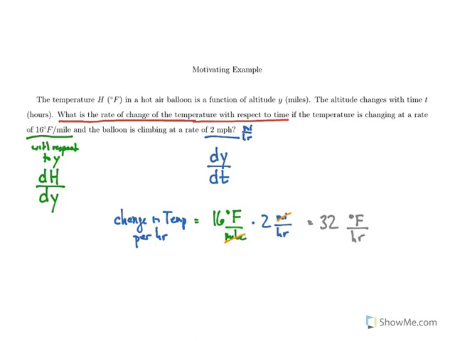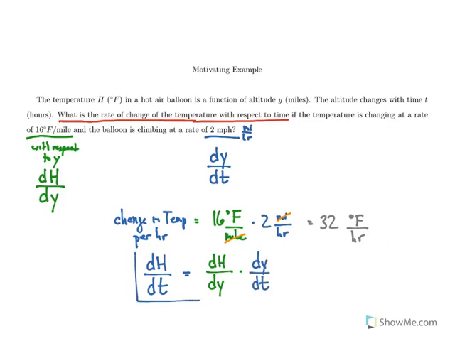So what's going on here is the change in the temperature with respect to time is equal to the change in the temperature with respect to the altitude times the change in the altitude with respect to time.